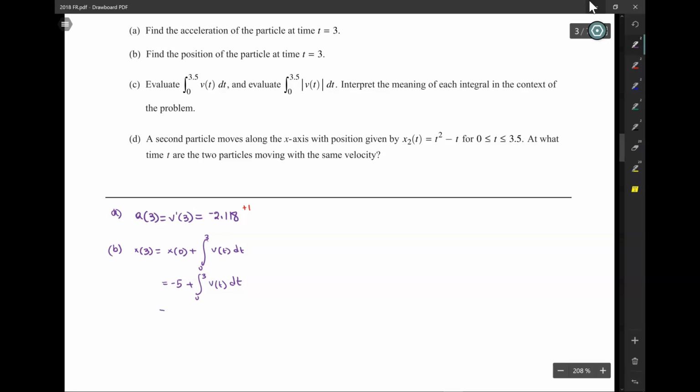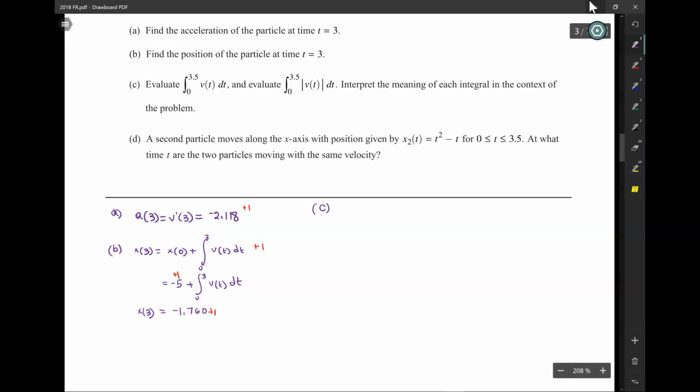You plug it in your calculator, and you get -1.760. Okay, you get 1 point for this. I'm saying that there is an integral. You get 1 point for this, and obviously 1 point for this.